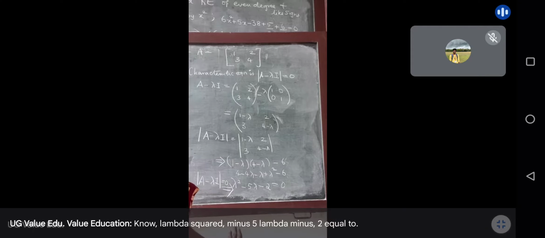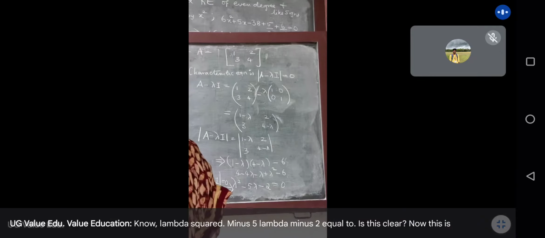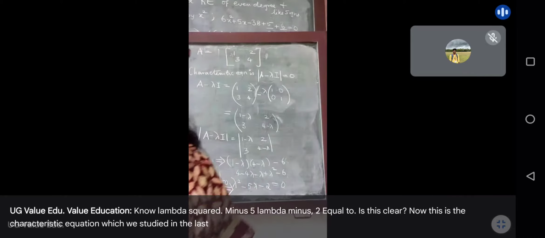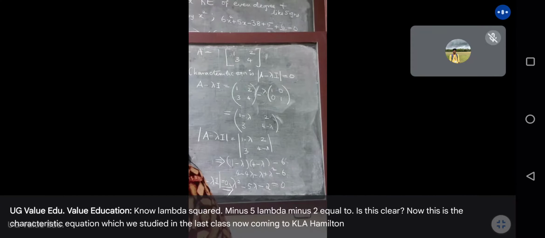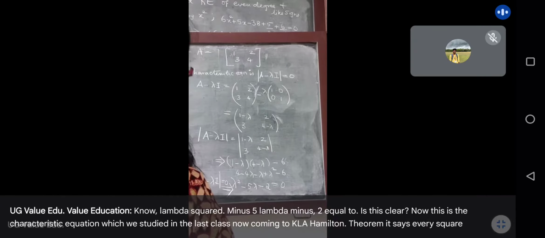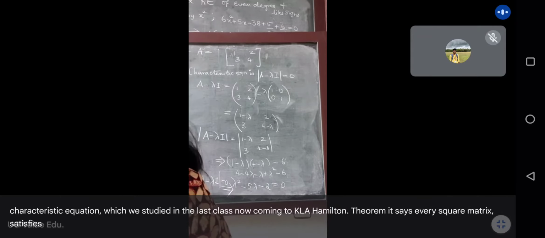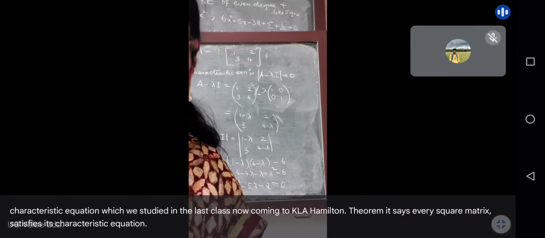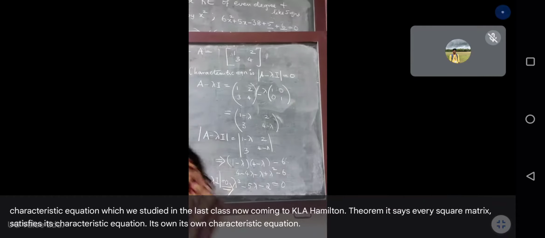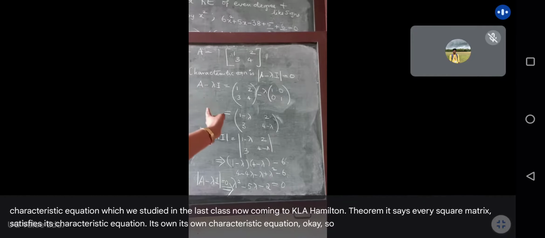Is this clear up to here? Now, this is the characteristic equation which we studied in the last class. Now, coming to the Cayley-Hamilton theorem, it says every square matrix satisfies its own characteristic equation. So, A was this.